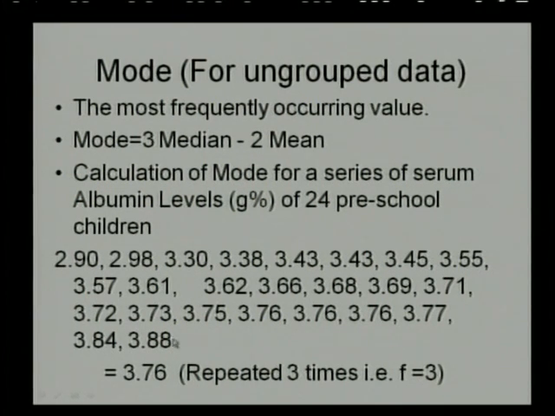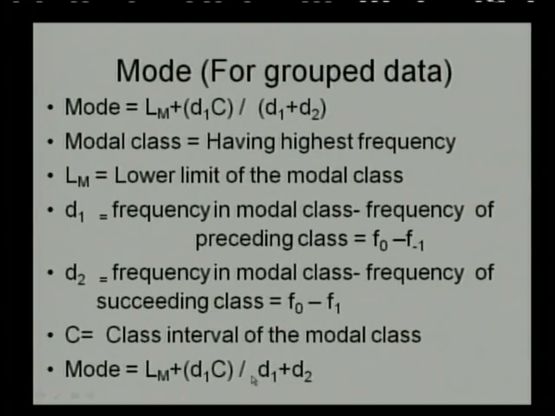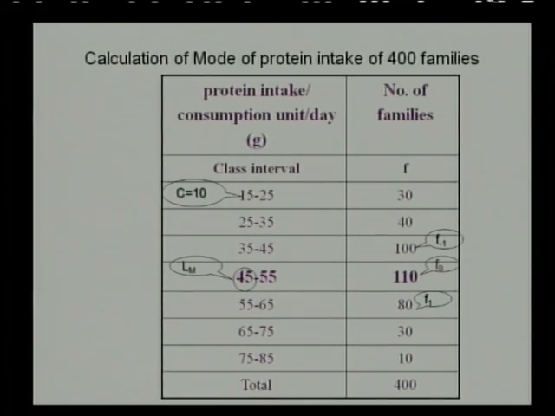You just check by visualizing, or you can arrange the observations in ascending or descending order and then check it. But if I have classified data like this, then what should I do? Protein intake, consumption unit per day, the same data as previously we computed.